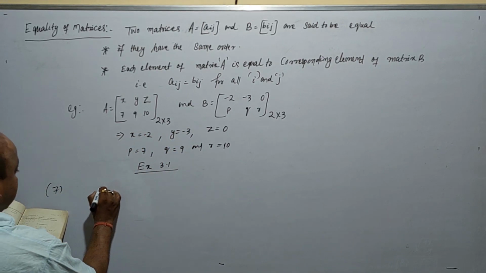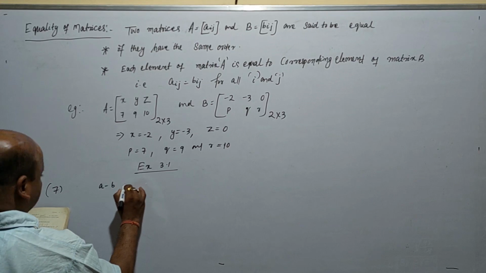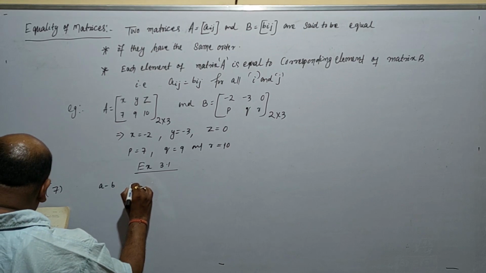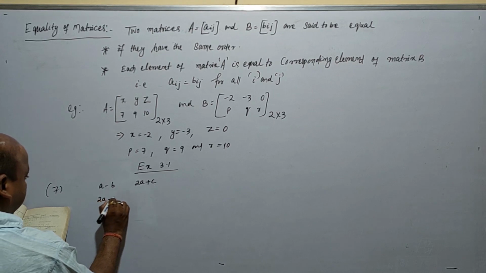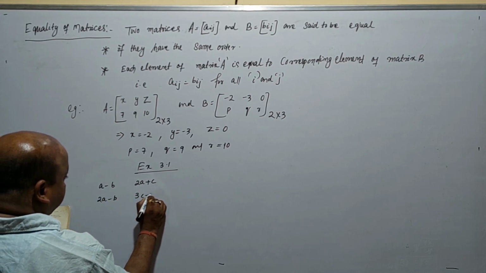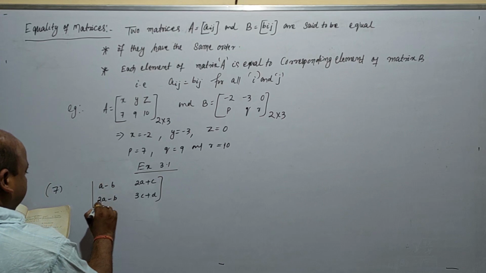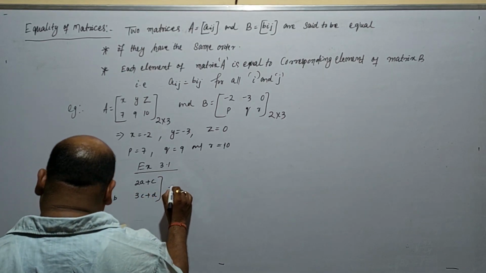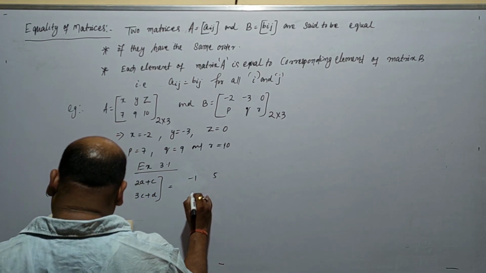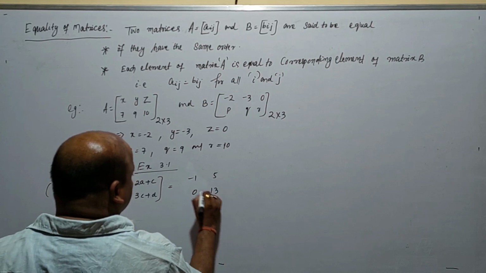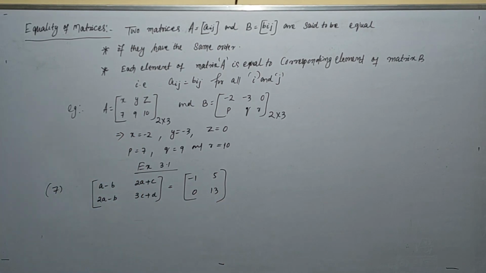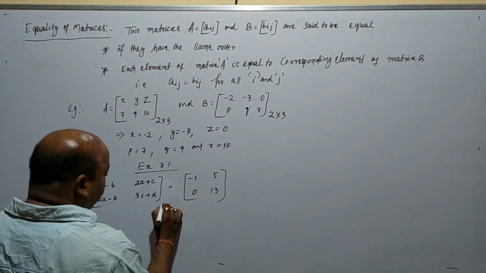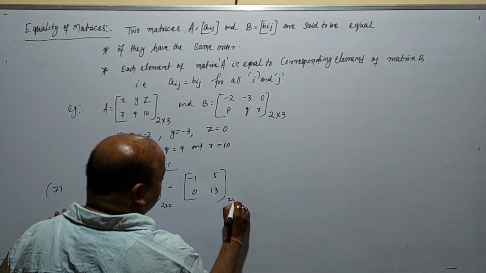These are the two matrices given here: a minus b, 2a plus c, 2a minus b, 3c plus d, is equal to minus 1, 5, 0, 13. So they are equal matrices. What is their order? 2 by 2 and 2 by 2.